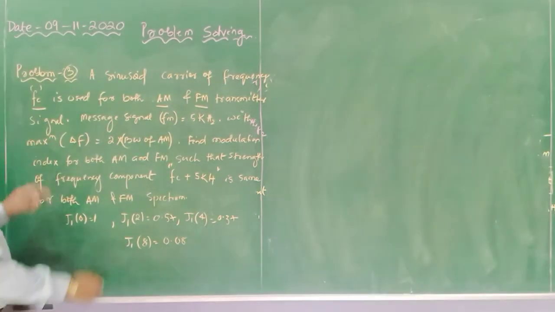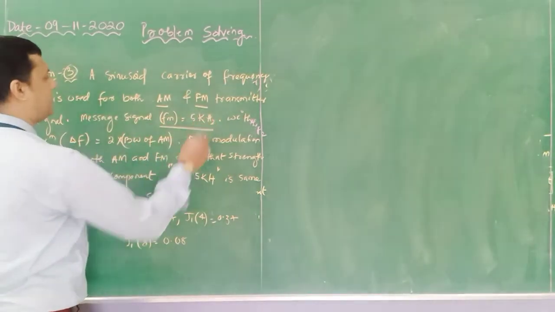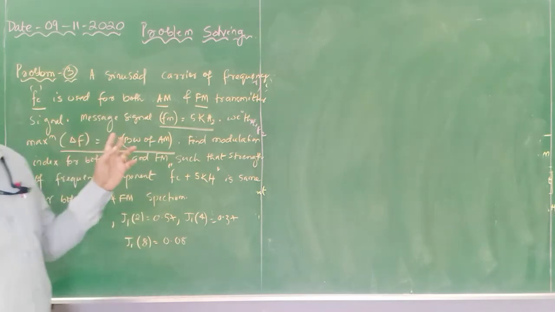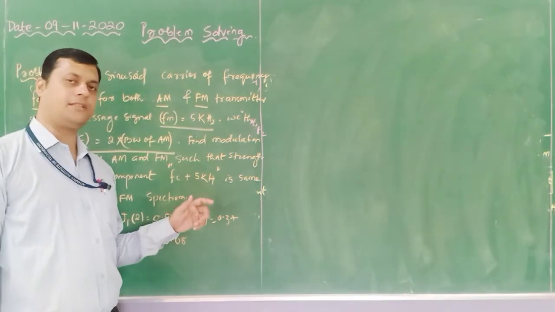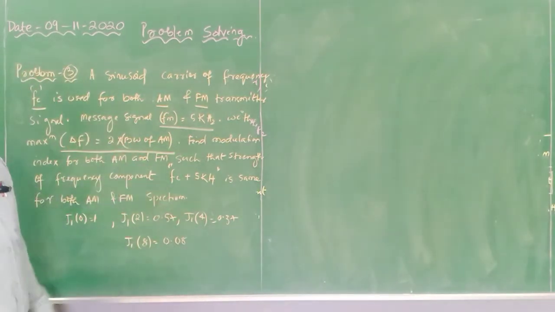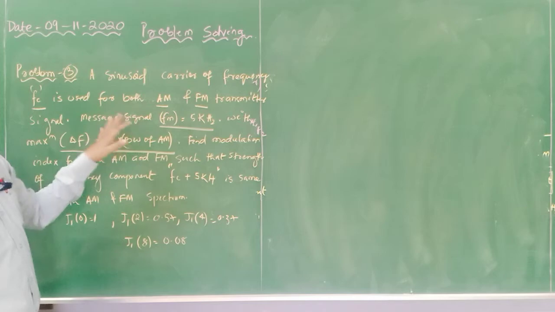The message signal frequency is given as 5 kHz with a maximum frequency deviation. If I am using the FM transmitter, the frequency deviation is twice the bandwidth of the AM signal. This is also one hint given in this question.